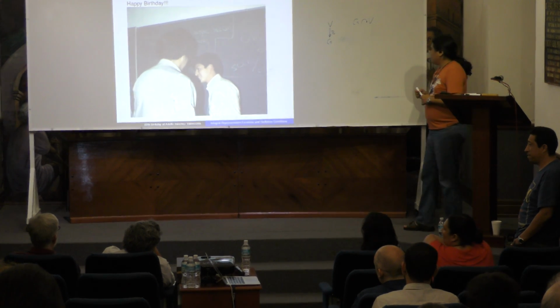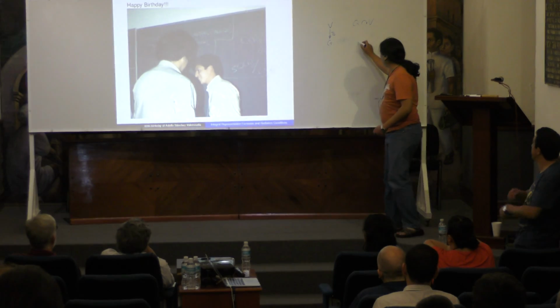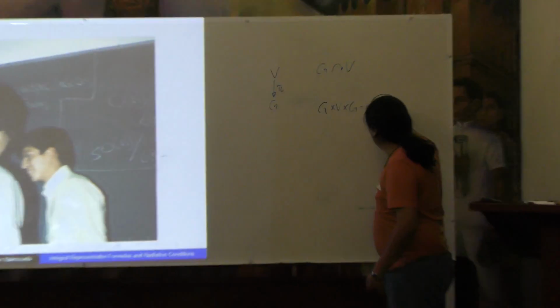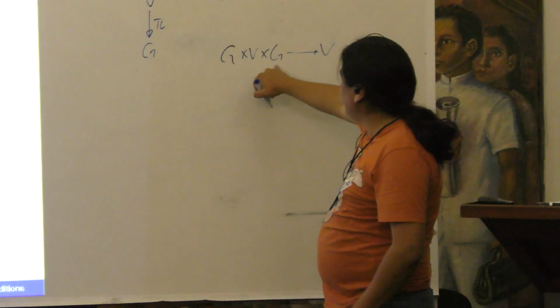Okay. Well, what the theorem said was that I needed something I called a B action, which is a pair of actions, one left, one right, which commute.